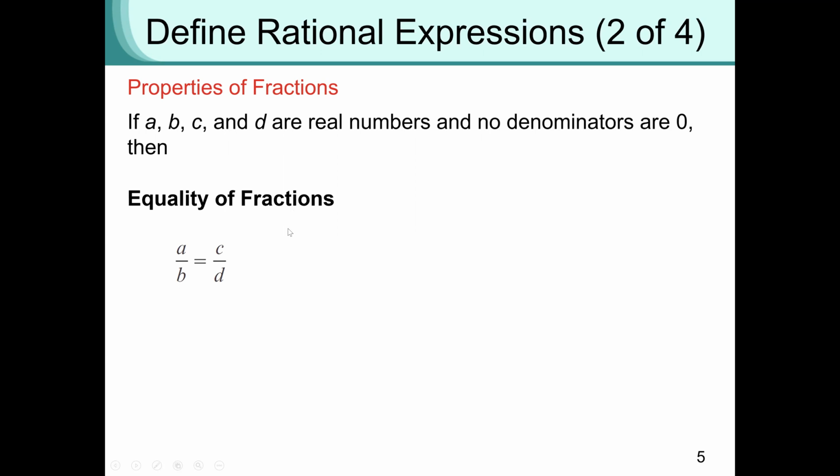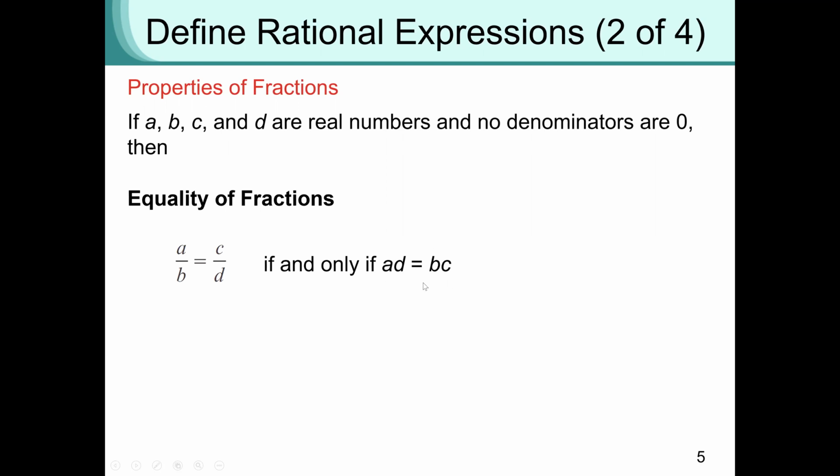So we have A by B equal to C by D. If B and D are not 0, and A by B equal to C by D, this is called the equality of fractions, which we're trying to say is that A divided by B is equal to C divided by D. And we know we can't divide a value by 0, so B and D shouldn't be 0. So if and only if AD equals BC.